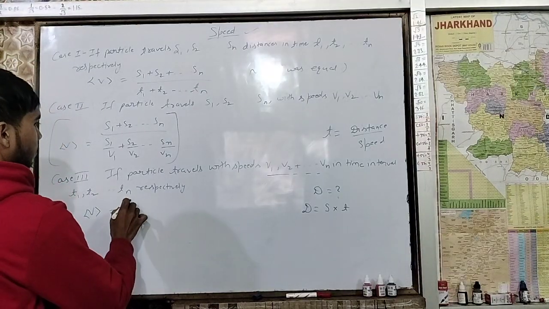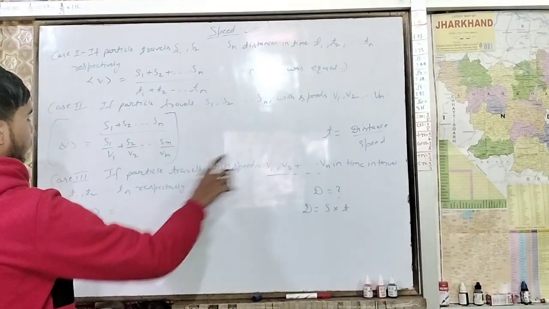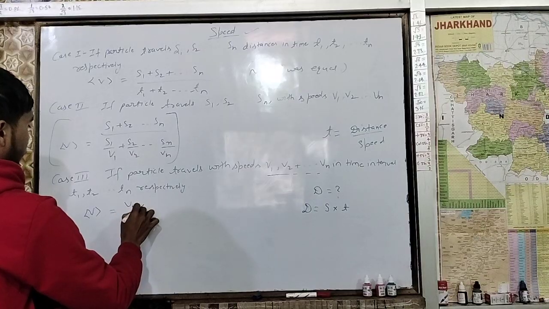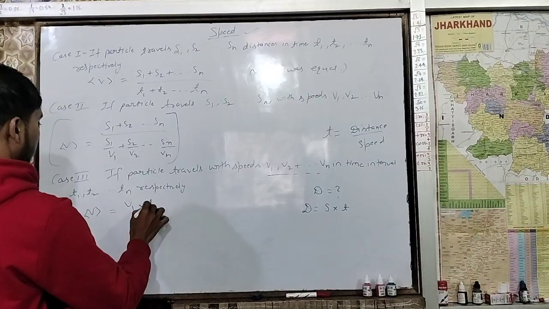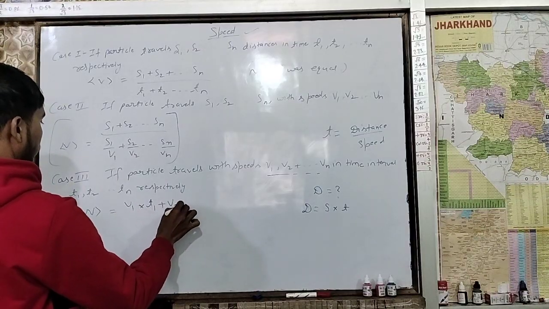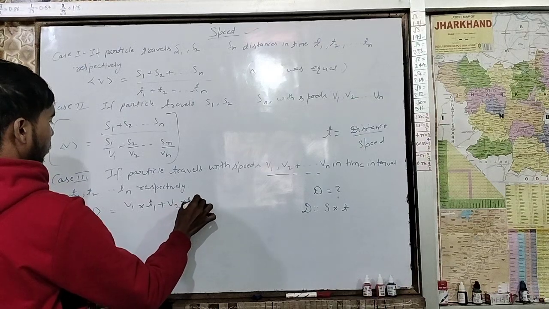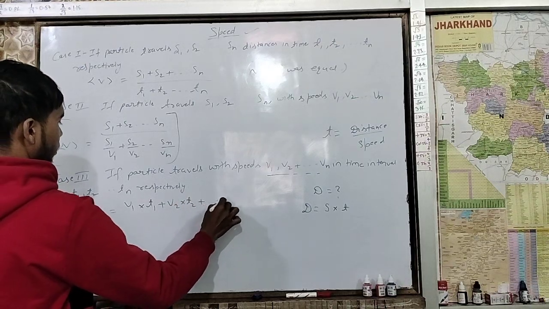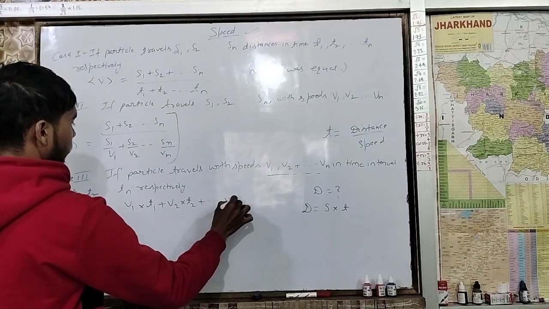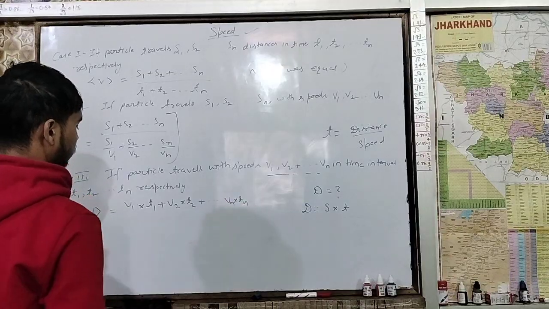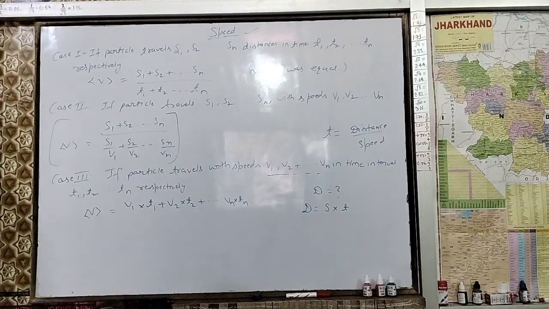So distance is nothing but v1 multiplied by t1 plus v2 multiplied by t2 till vn multiplied by tn. Okay, this is our complete distance.